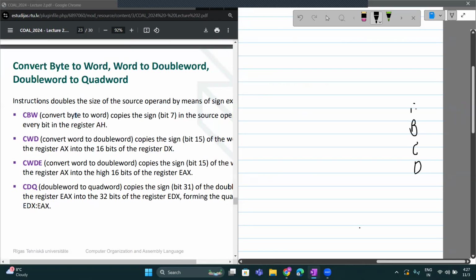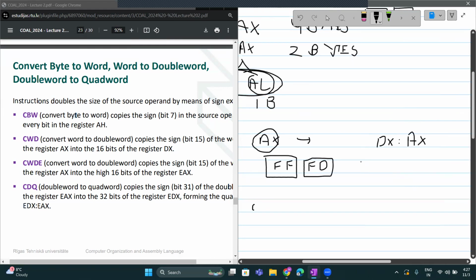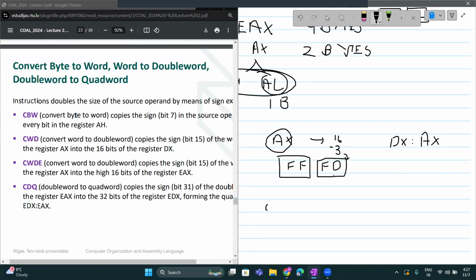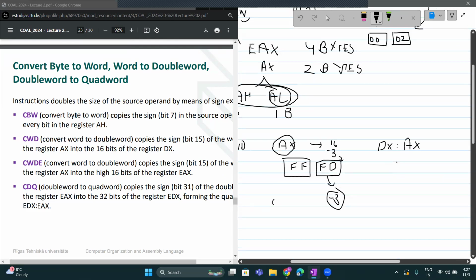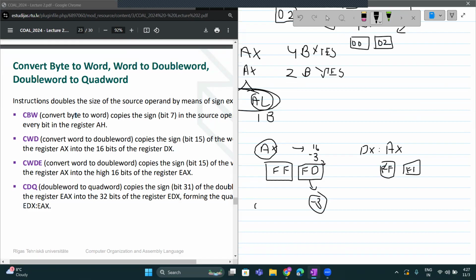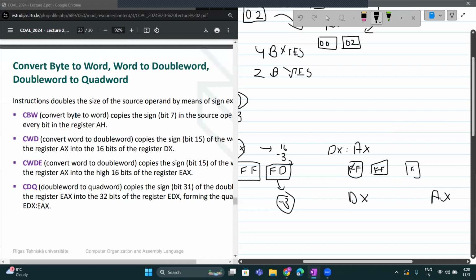C, B, A, 10, 11, 12, 14, so we did 16 minus 3 to get this. That means it will be minus 3. So if this value is minus 3, what it does is basically extends this sign, which is FF, to DX. So like this, this is DX, this is AX: FFFF FD.